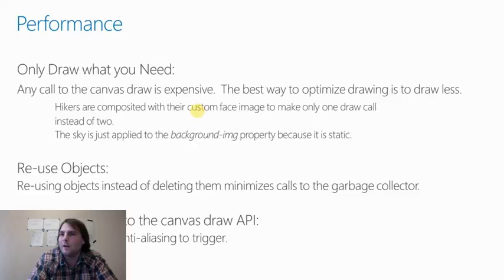A more complicated technique to draw less is to only clear the frame based on what was drawn last frame, but that's a more advanced topic that you can look up later.